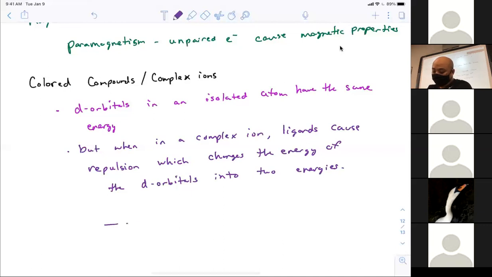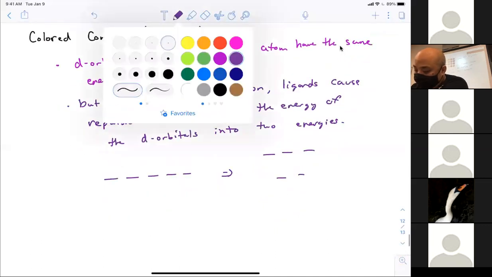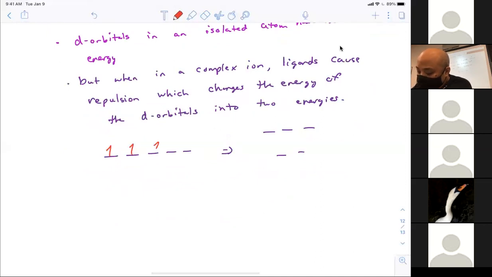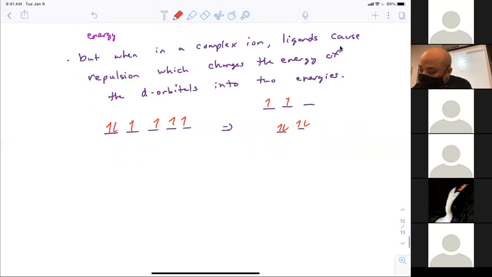Instead of going from 1, 2, 3, 4, 5, it becomes like this, a differentiation of split d sublevels. It could be 3, 2, or 2, 3, either way, depending on the element. What happens here is those electrons end up getting placed into these new split d sublevels.